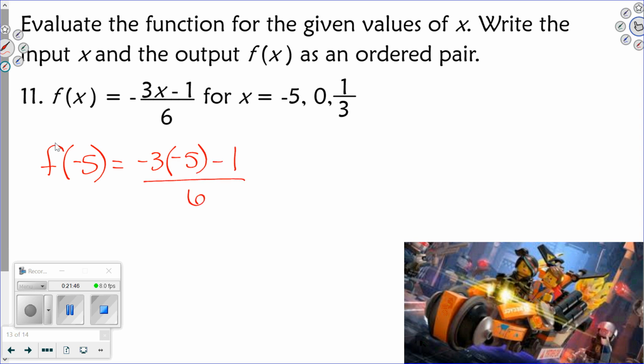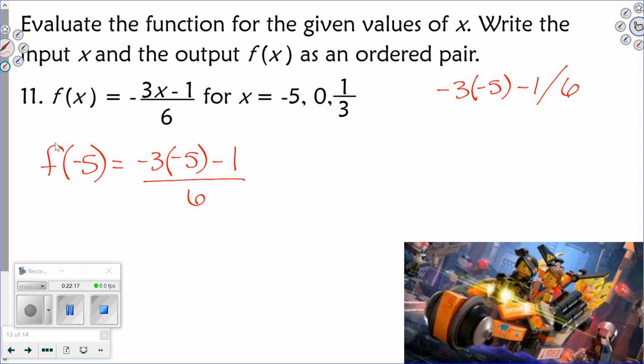Now, guys, please listen, because I saw this happen and people were struggling. If you are using a calculator, we need to be careful how you type that in. If you just type in negative 3 times negative 5 minus 1 divide by 6, pay attention: your calculator is doing negative 3 times negative 5 minus 1/6.